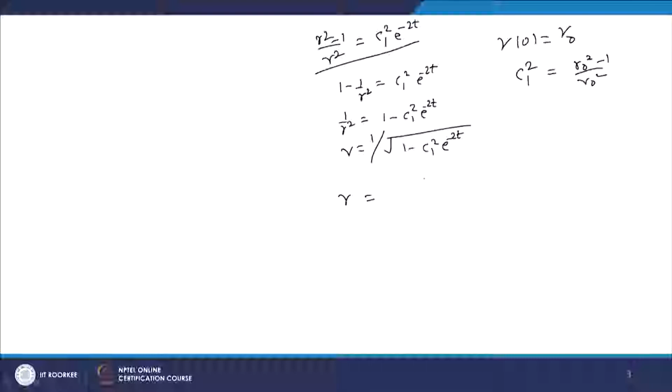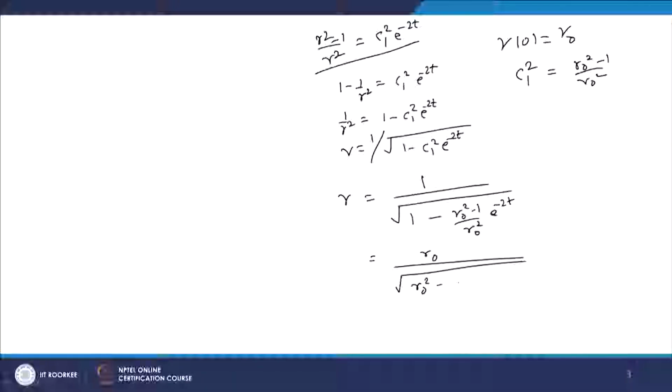So r equal to 1 upon under root of (1 minus c1 square e to the power minus 2t), so 1 minus (r naught square minus 1) upon r naught square e to the power minus 2t. So we can rewrite this as r naught divided by under root of (r naught square minus (r naught square minus 1) e to the power minus 2t), that is your r here. Okay, so that is your c1 square value, is it okay?